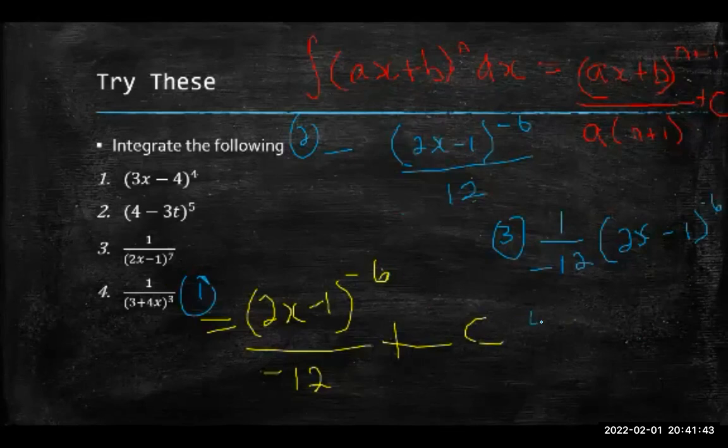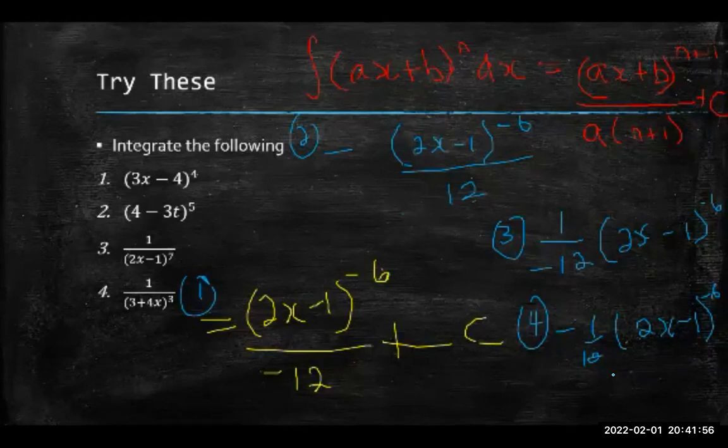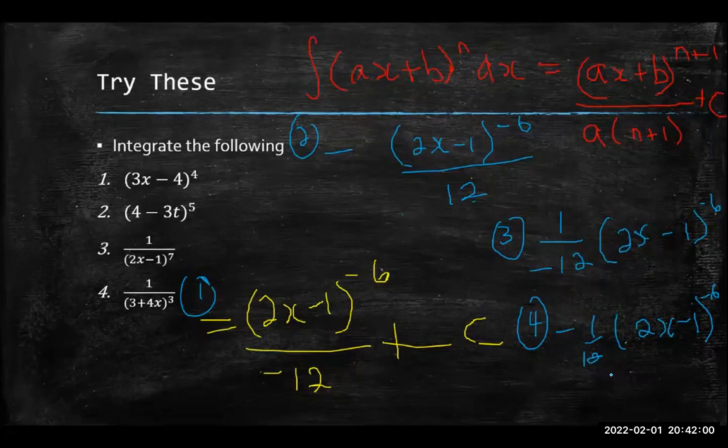So that's the third variation, or the fourth variation, minus 12 by 2x minus 1 to the -6. So those are the 4 variations I was talking about. All of these are the same, right? They're called mathematically equivalent expressions. Of course, don't forget your plus C, because it would be wrong.